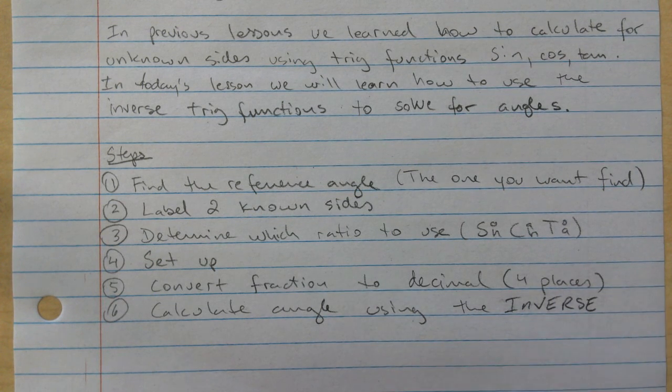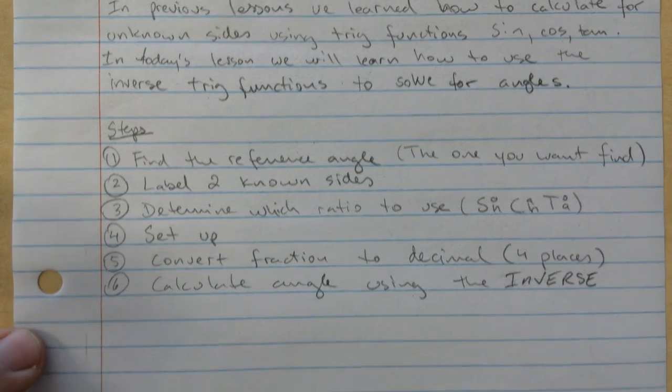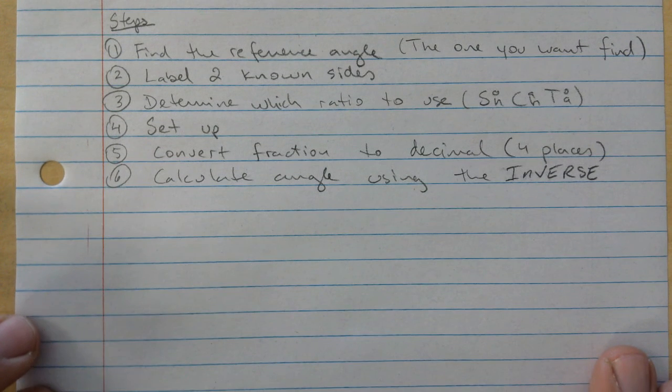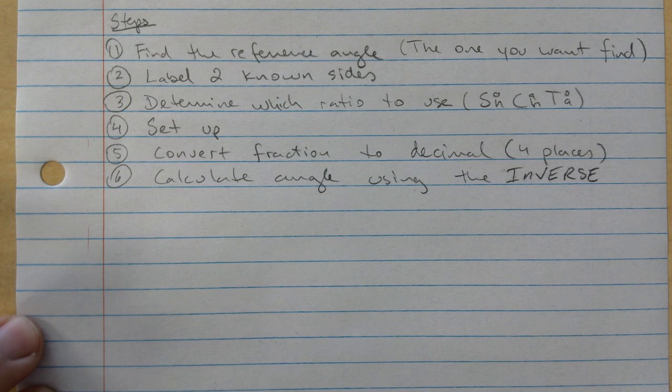So we'll make it nice and legible. Okay, inverse. Capitalize all of them. So those are your 6 steps, which after a while seems a little overwhelming, but after a while, it's gonna be done in like 3 lines. Basically, your work is gonna be 3 lines and then you're done, okay, when it comes to finding angles. So don't let it overwhelm you too much.